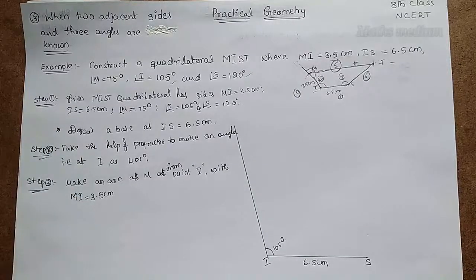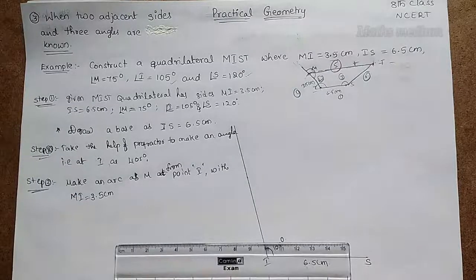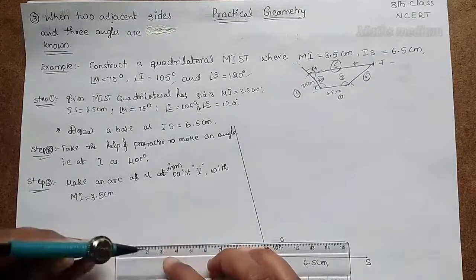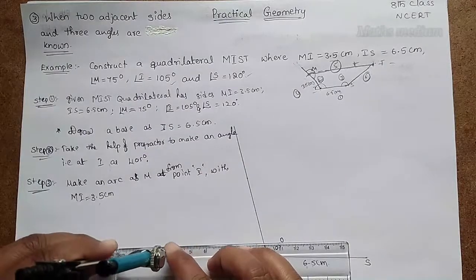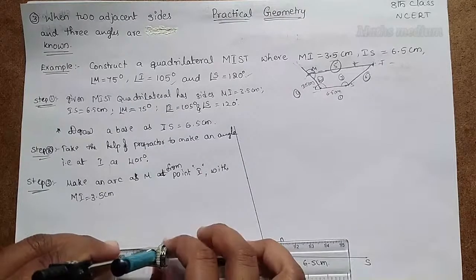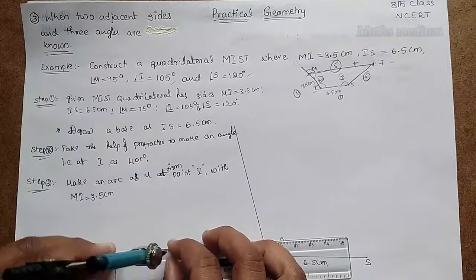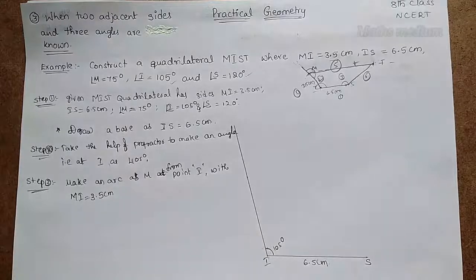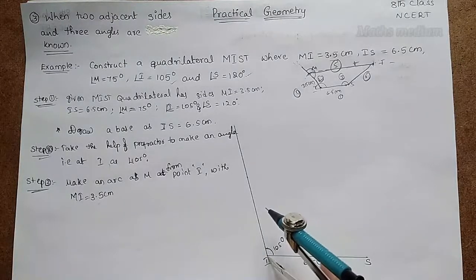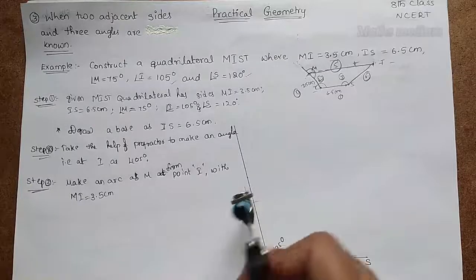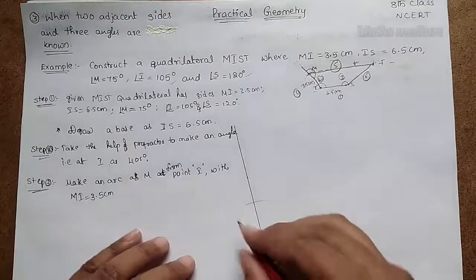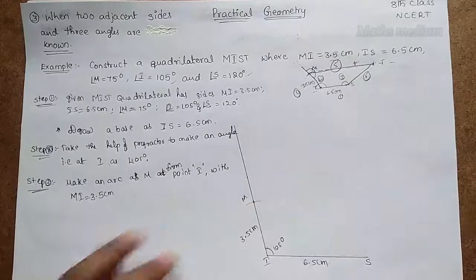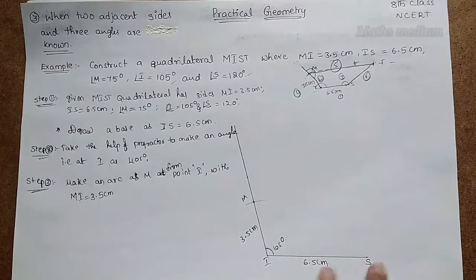Take the help of a compass and mark 3.5. Measure 3.5 here. See, this is 3.5, and make an arc from I. This is 3.5 centimeters. This is the point M. So we get a point M. Let's move into the next.